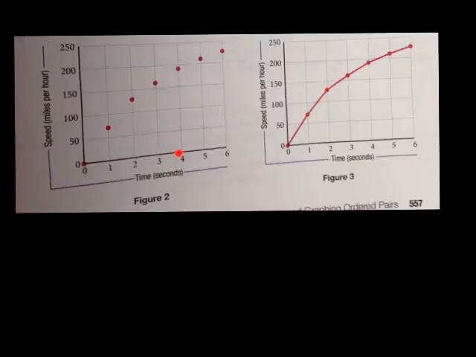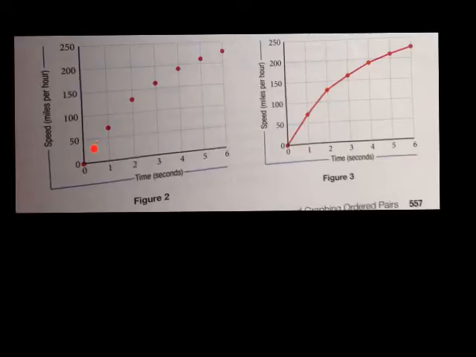As I go up to 4 seconds, my speed is up close to 200. So this data is paired. The 4 pairs with the almost 200, the 1 pairs with the 75-ish. So as we look at time in seconds, we have a speed that's related to it.